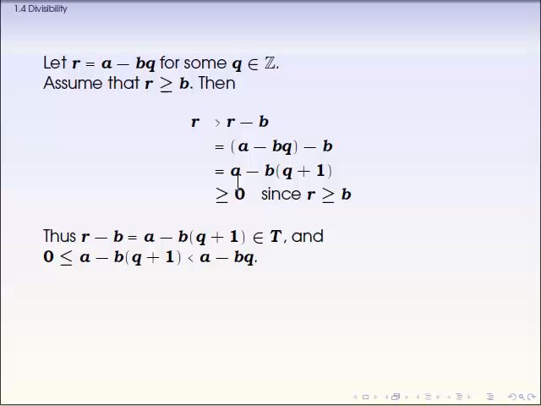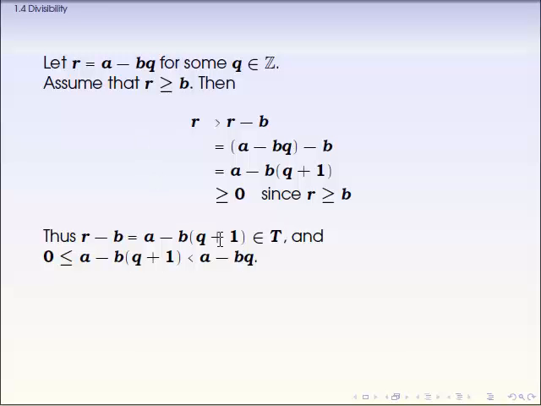Then what does that mean? Then r minus b can be written as a minus b times q plus 1, which is an element in T, and because of that, it is greater than or equal to 0, and less than a minus bq.